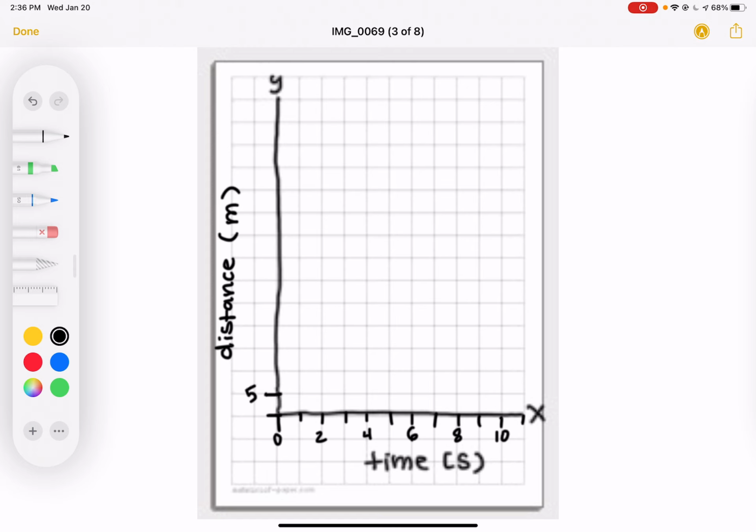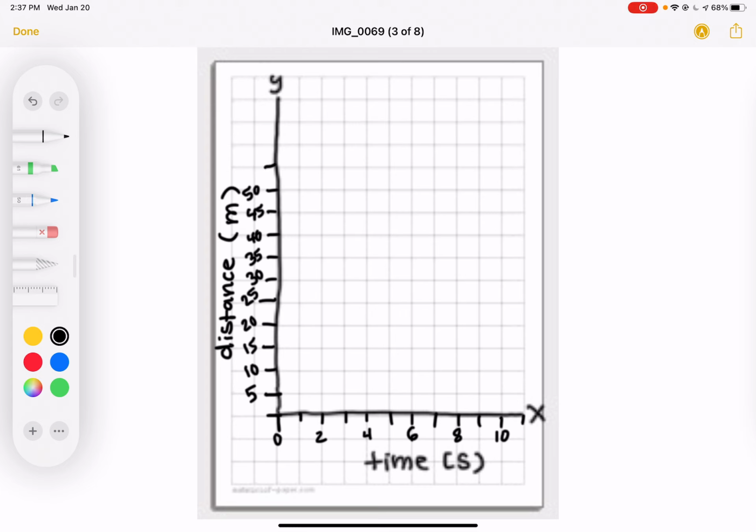So that's 5, 10, 15, 20, 25, 30, 35, 40, 45, 50, and that's really as high as we need to go.